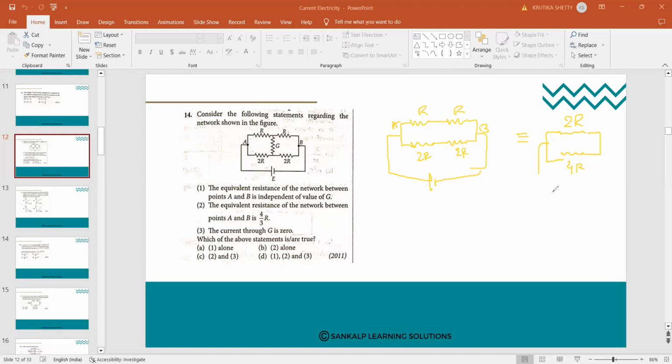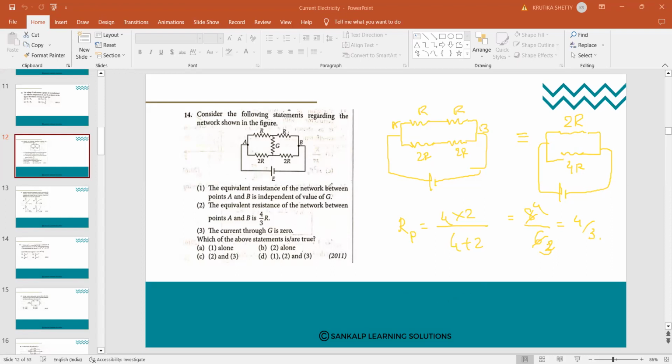Now to the battery, what is the equivalent resistance? The equivalent resistance is given by 4 into 2 divided by 4 plus 2, that is 8 divided by 6, which is 4 divided by 3. So therefore option D, that is 1, 2 and 3.